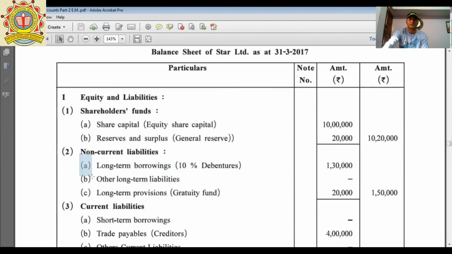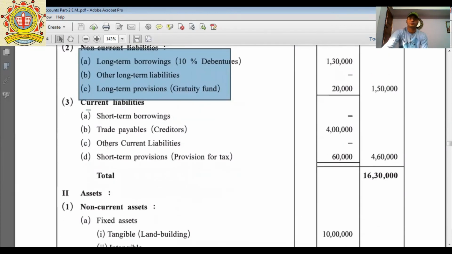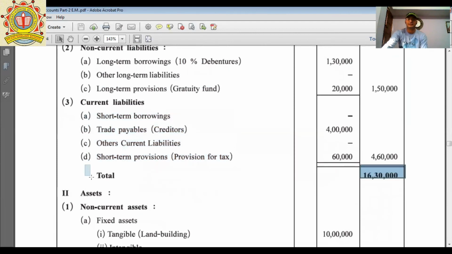Number 2, from here to here, total this and put it in the second column. Number 3, from here to here, total is in the second column. And finally, the gross total of equity and liability is 16 lakh 30,000. If the total of equity and liability is 16 lakh 30,000, it means the total of assets must be the same, that is 16 lakh 30,000.